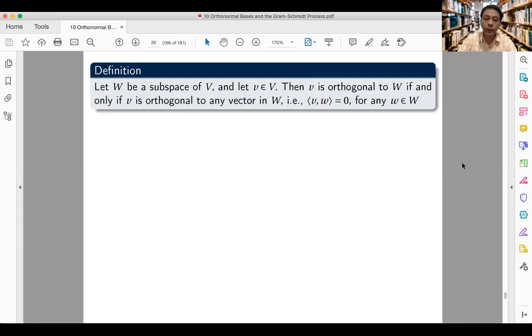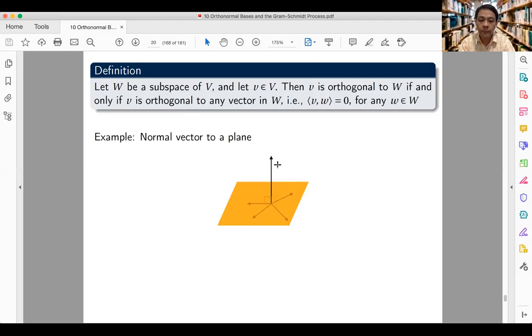So to illustrate this, I hope you remember the normal vector to a plane. So let's say we have a plane there, and then this is your normal vector, and the normal vector is perpendicular to all vectors in the plane.